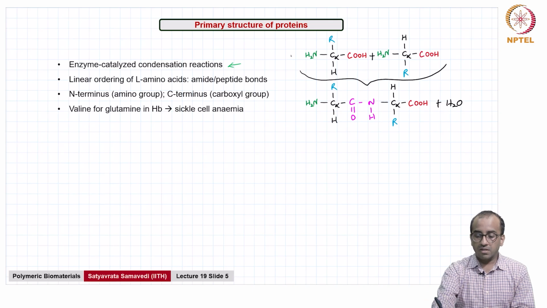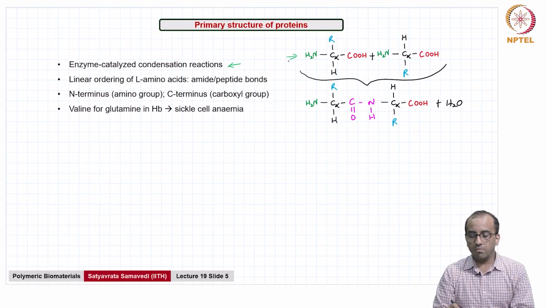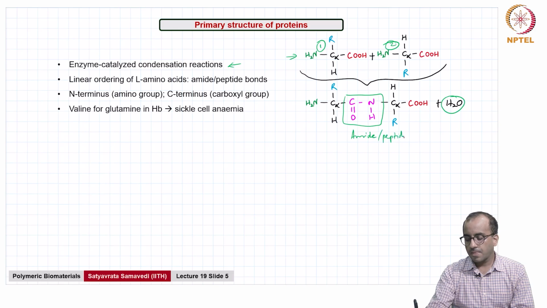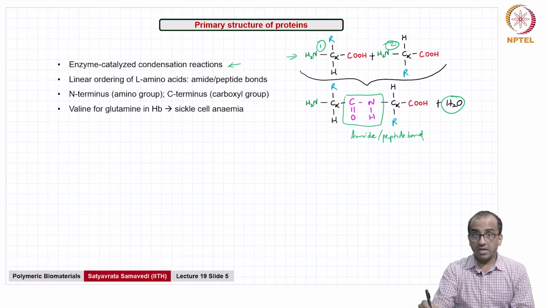So, here something very similar happens. You have two amino acids, one shown here, second one here, and when the two of them combine, water is eliminated, resulting in what we call the amide or the peptide bond. The CONH, which is the amide linkage, is also called the peptide bond.